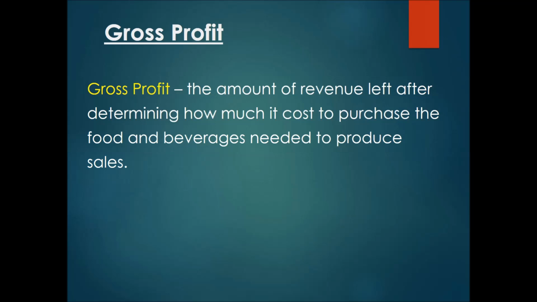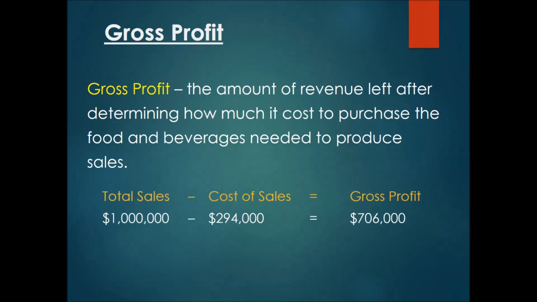By calculating this gross profit, a business then knows how much money is available to pay our operating expenses. In other words, gross profit is the amount of money left after subtracting the total cost of sales from total sales. So right now we have a gross profit of $706,000.